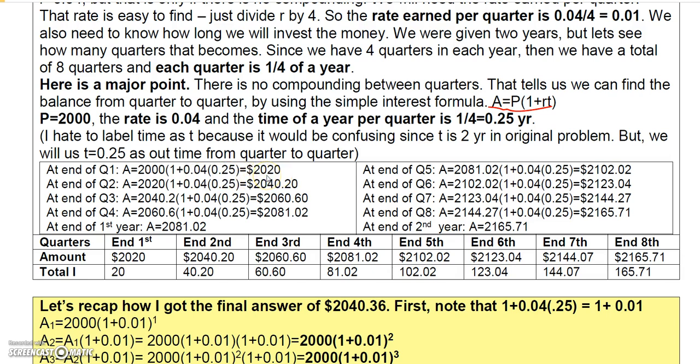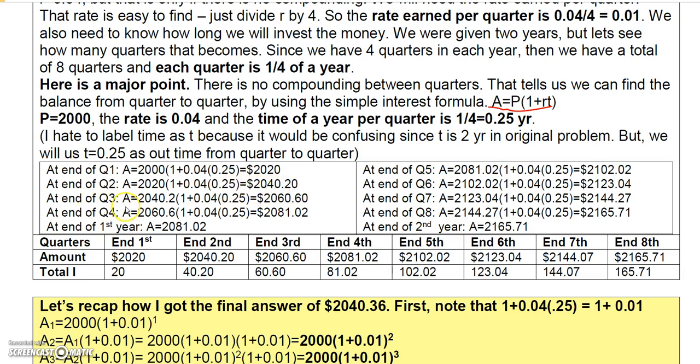Well, then, if we let the money stay, let it ride, so to speak, for another quarter, we would start with $2,020 and multiply that by (1 + 0.04 × 0.25). That turns out to be $2,040.20.